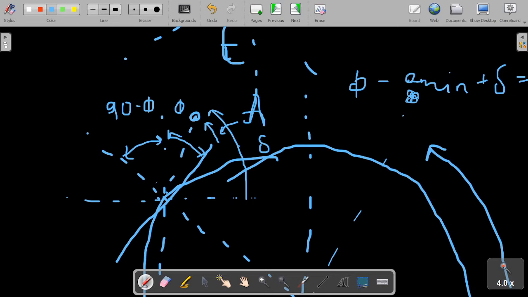Okay, so again let's write a couple of things here. We write the altitude of the star, the declination measured from the celestial equator. This is the celestial equator. This is the declination. This is the horizon, and this is the altitude of the star.